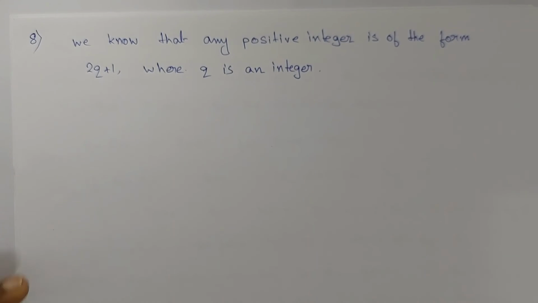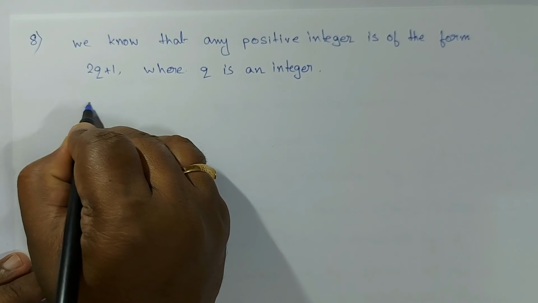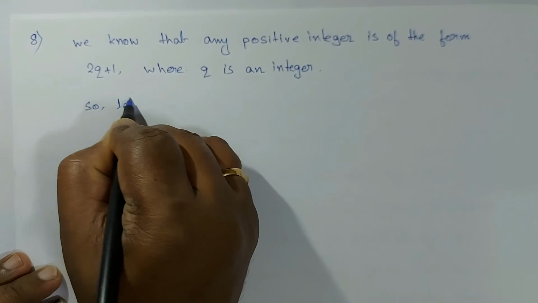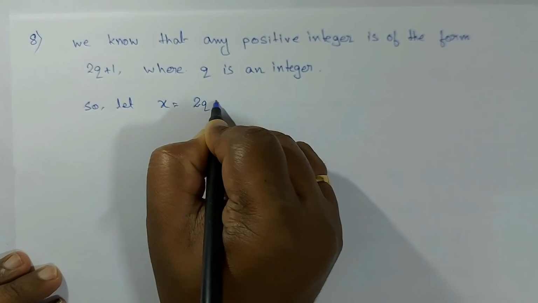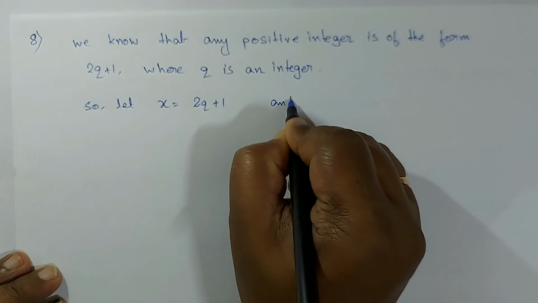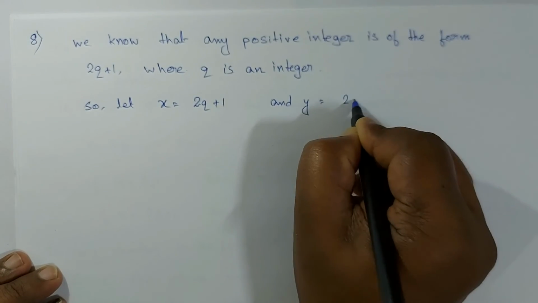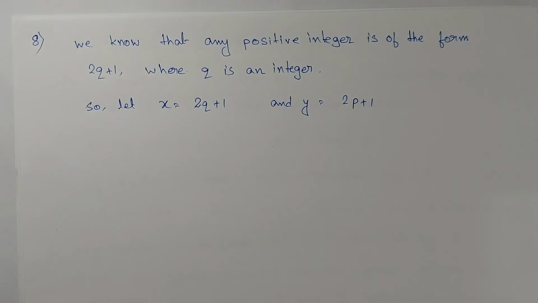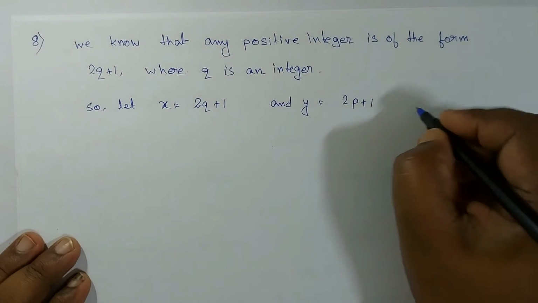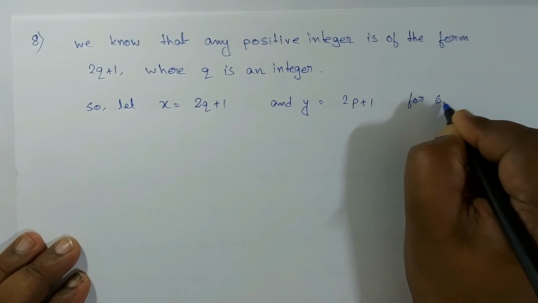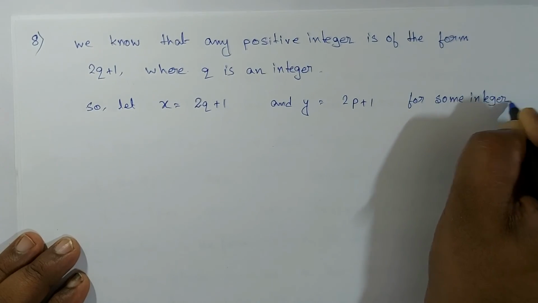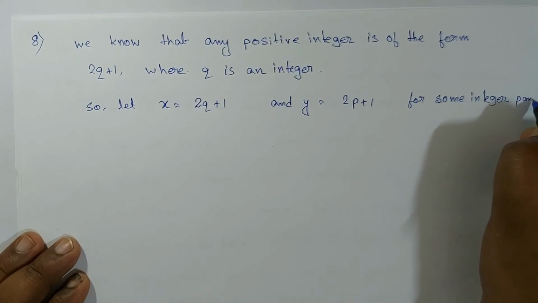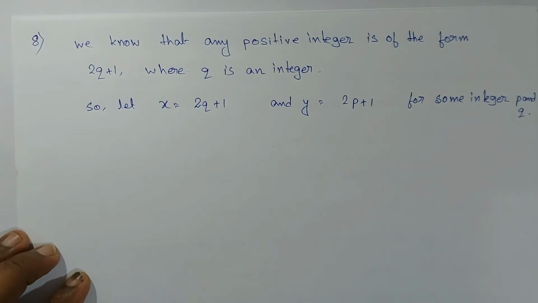So let x be equal to 2q plus 1 and y be equal to 2p plus 1, for some integers p and q.